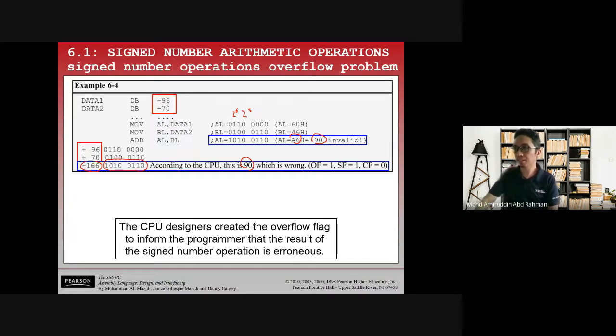What you obtain here is that you get the OF flag as 1. So when you add those two numbers, it will give you an error.